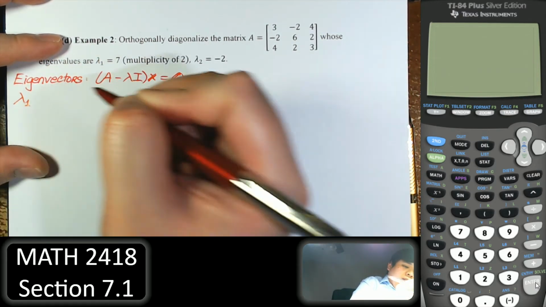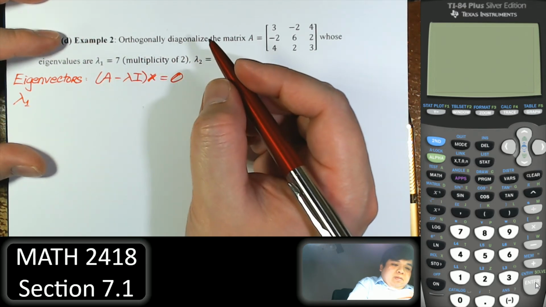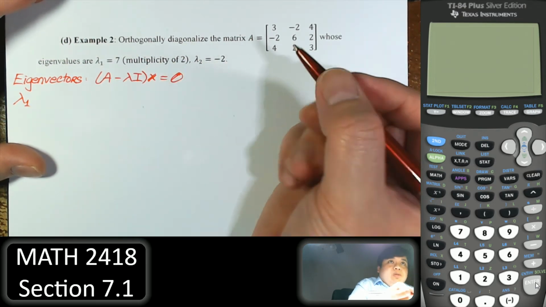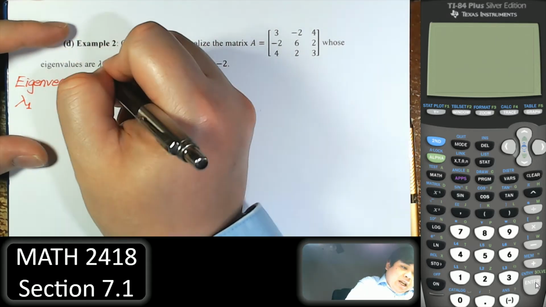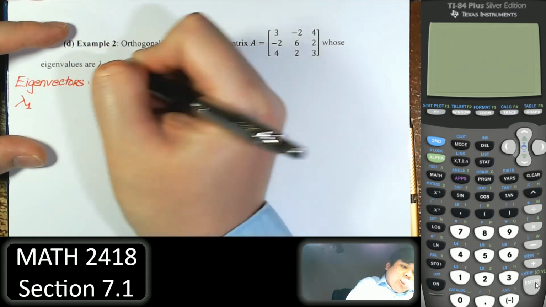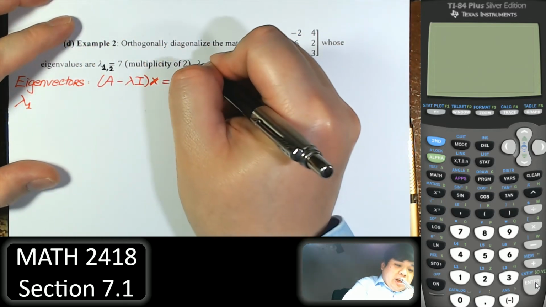For lambda 1, because of multiplicity of 2, customarily sometimes we say this is lambda 1 and 2 because they have multiplicity of 2, and just change this to 3.